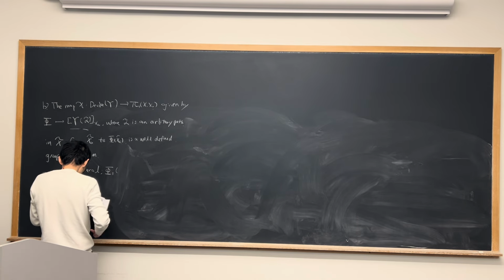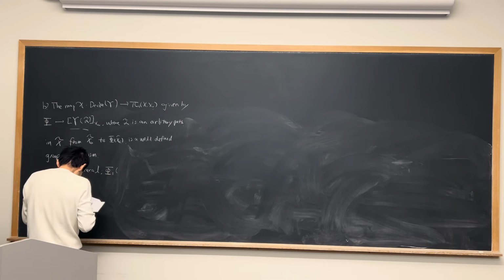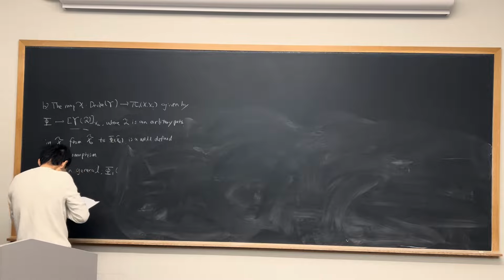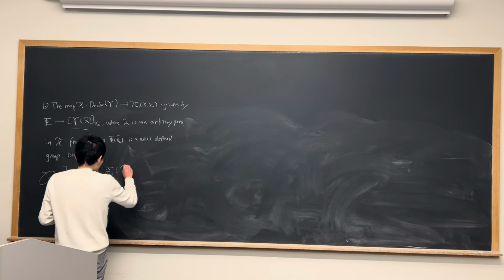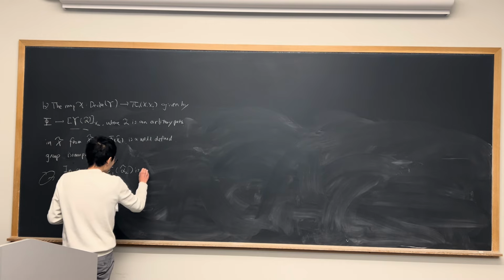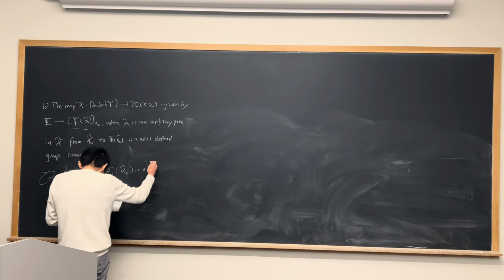Then phi one of x tilde is y1, phi two of x tilde is y2. Now we want to show that this is a group homomorphism.